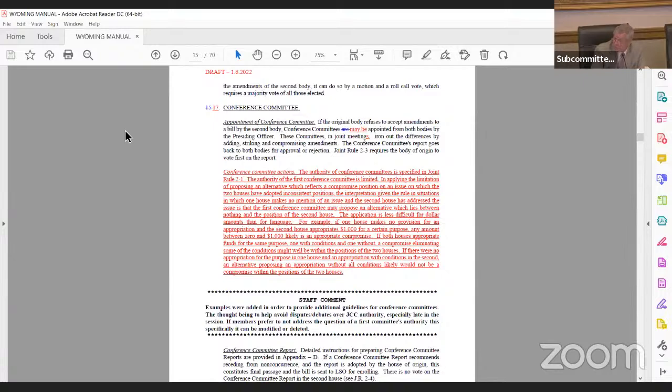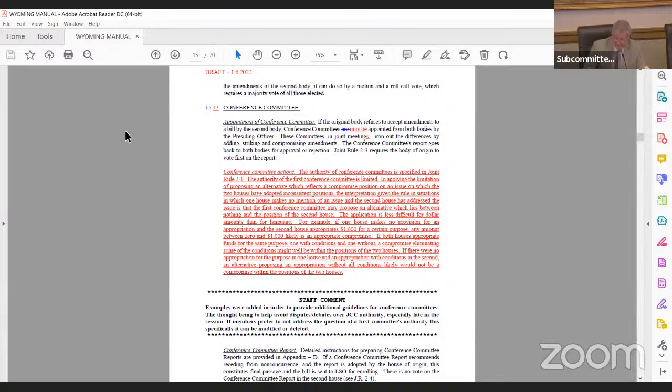And an appropriation where you change conditions, we've given the guidance in the past that really goes beyond between the two. This is kind of akin to an amendment to an amendment to an amendment. At some point, you get so far that it's unfair to the first House to say they never thought about an appropriation, they never thought about conditions, they certainly didn't think about modifications of conditions, and neither House really thought about that.